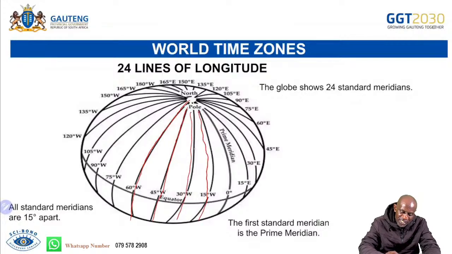And then, as you can see, these are the degrees which we said the interval, the space between these two, takes 15 degrees. And this degrees is towards the west. As you can see here, it has a W.